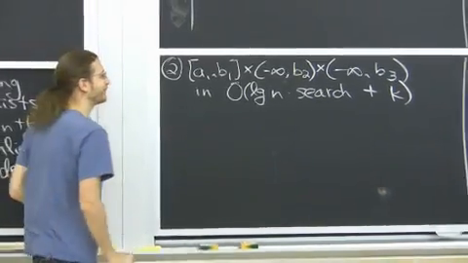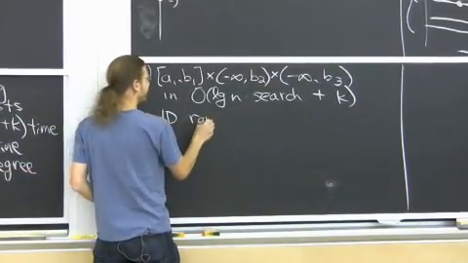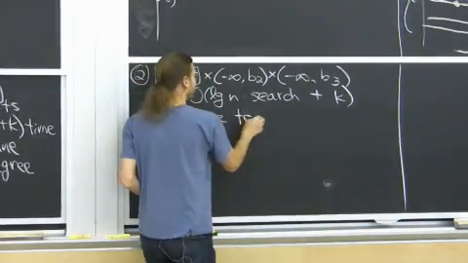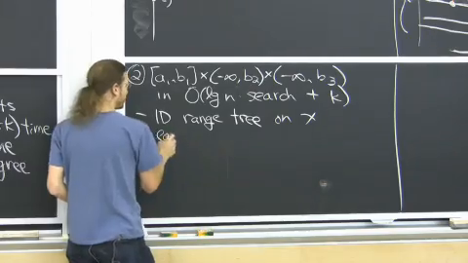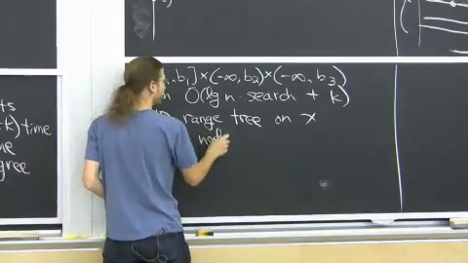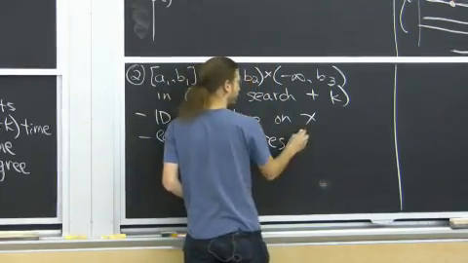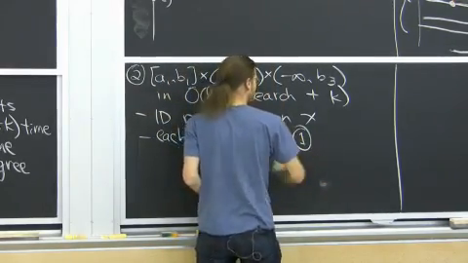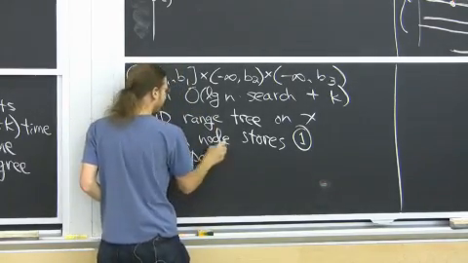Range tree. Yep. Easy. Just do a 1D range tree on X, and then each node stores that data structure, 1, on points in the subtree.